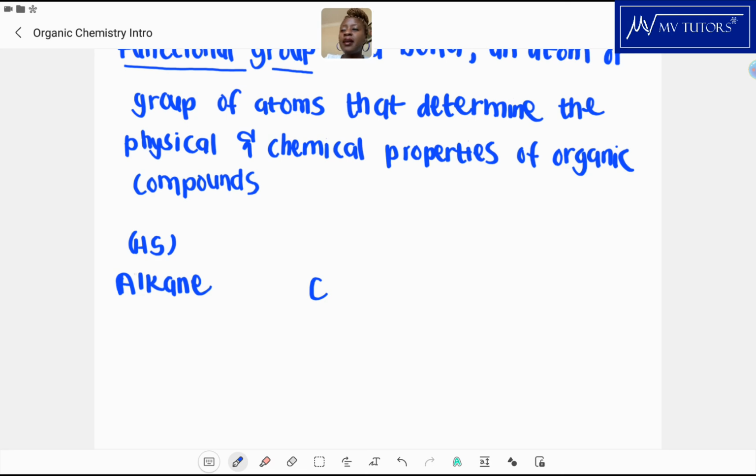This is an alkane, which forms part of your hydrocarbons, so it's carbon atoms bonded covalently to hydrogen atoms. I'm just going to look at two carbon atoms, and they are bonded to hydrogen atoms. So that is the alkane.